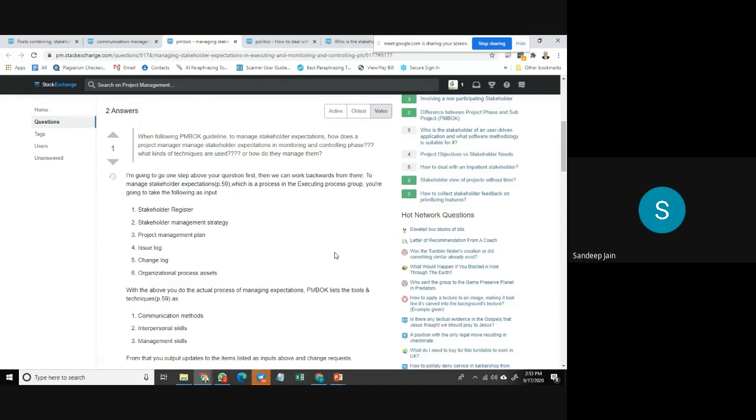It can be done by taking a look at the change log, since a stakeholder might change, or new stakeholders might be introduced. Then there is an issue log. There might be issues raised by the stakeholders, so whether that is getting tracked in the issue log. And then the stakeholder register: whether the project manager is updating it or not.